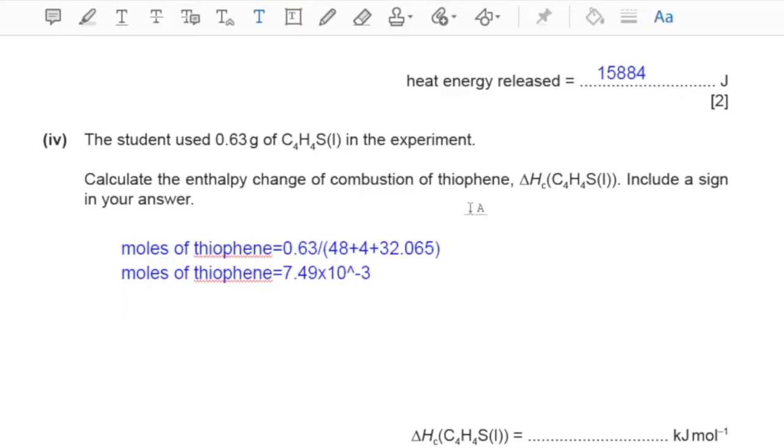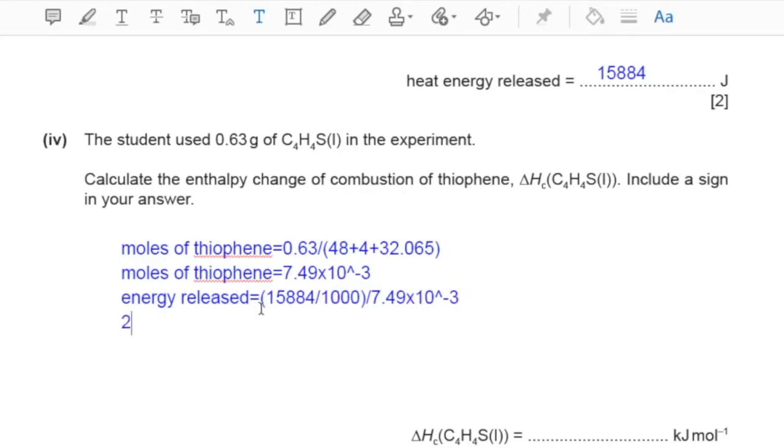So energy released equals 1584 divided by 1000. And then you divide this whole by 7.49 times 10 to the power minus 3.